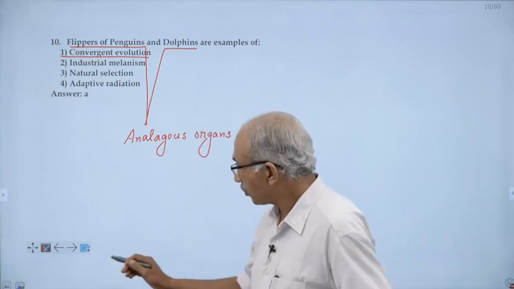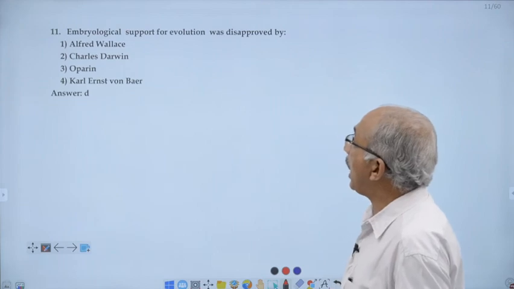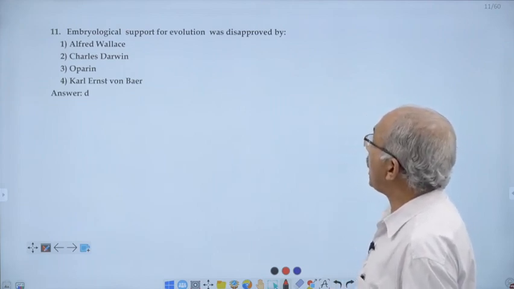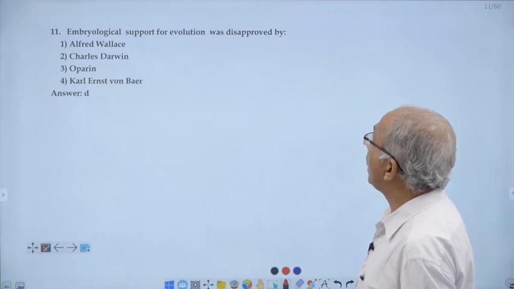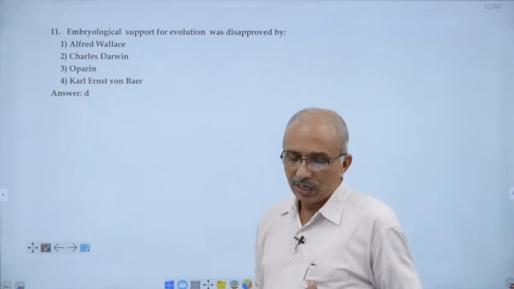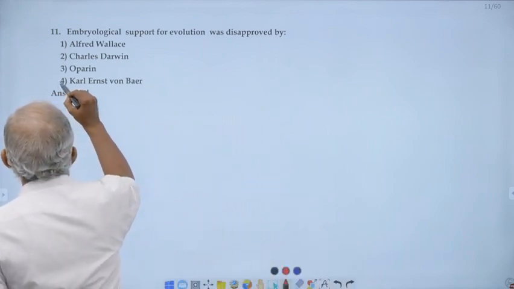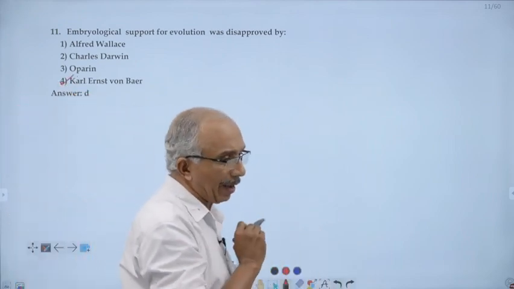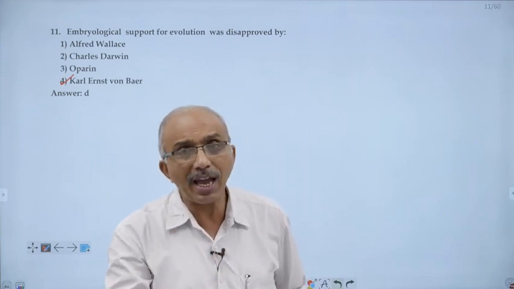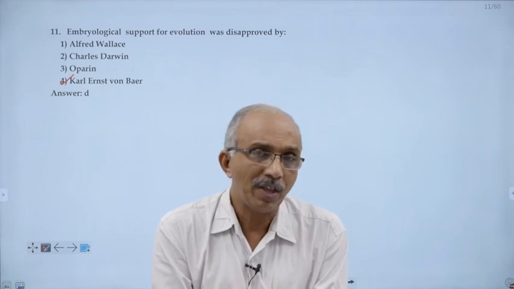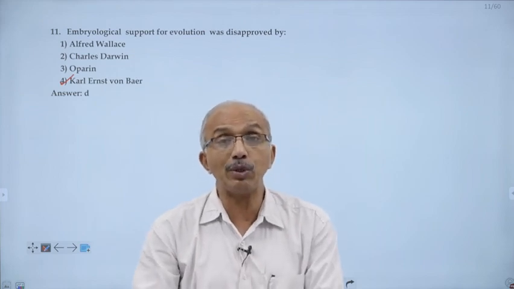Then, 11. Embryological support of evolution was disapproved by Carl Ernst von Baer. What is embryological evolution?